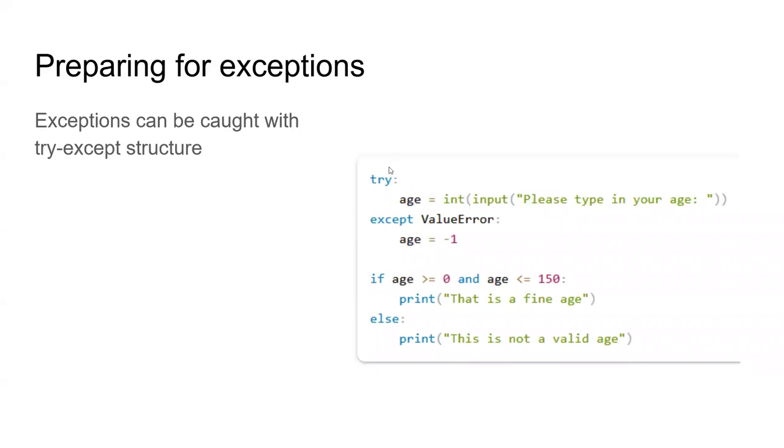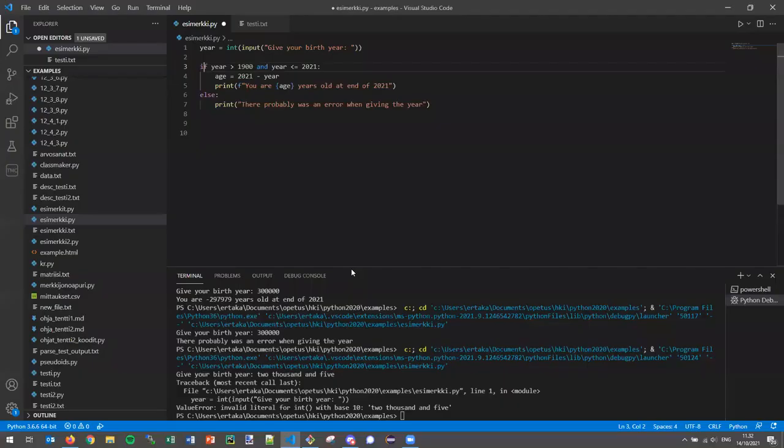There are two blocks included in this one. There's a try block where we include the code that may throw an error. And then there's an except block following the try block where we catch the error that might happen. So let's say the error we had in this case was ValueError. So we can do something like this.